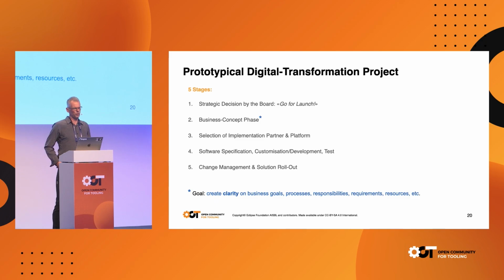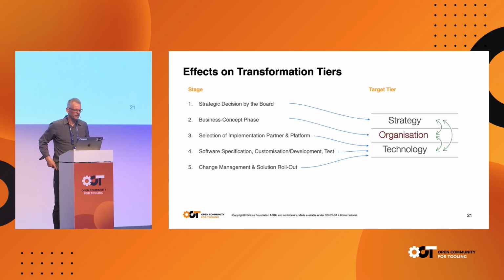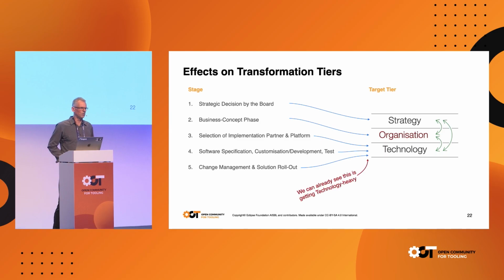The goal of that is actually to create clarity, to define the business goals, the processes, responsibilities, etc. Next, they will choose a partner for the technical end. They will choose a platform, and eventually those people set to work. A specification is created, and then they customize the platform or develop something new. It's tested, change management is put underway, and the solution is rolled out. The effects on the transformation tiers are quite predictable, but we can already see here that it's starting to get technology heavy.